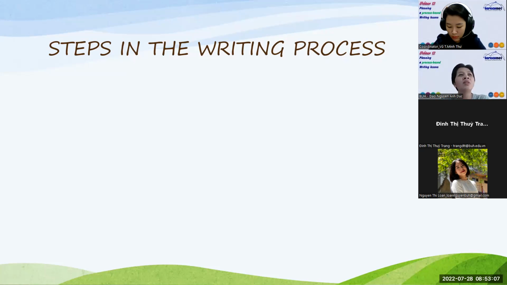And then the next step, they start writing their first draft, and they review and revise it after they finish the first draft. They can revise it to develop it and make something clearer. They add more details, or they can change the organization of the ideas in the paragraph or essay. Yeah, I think so.